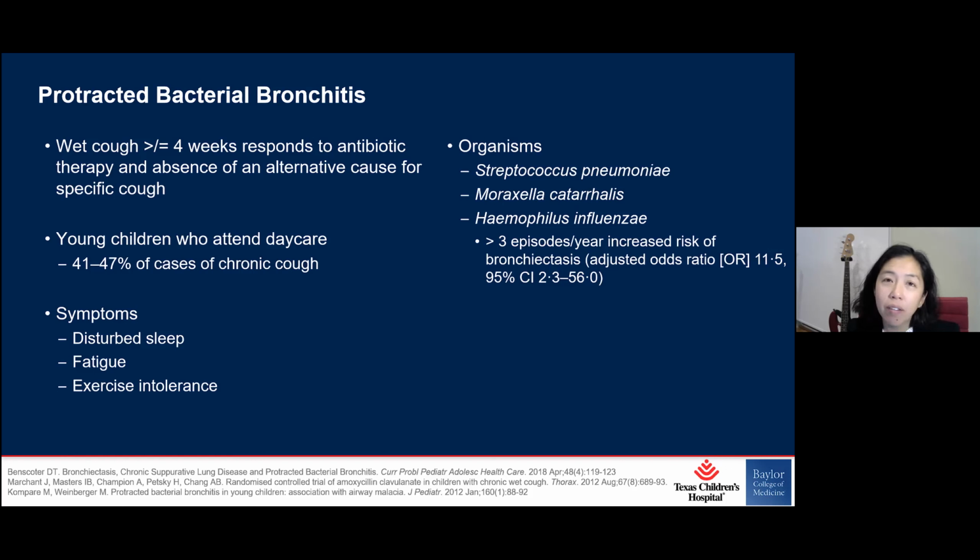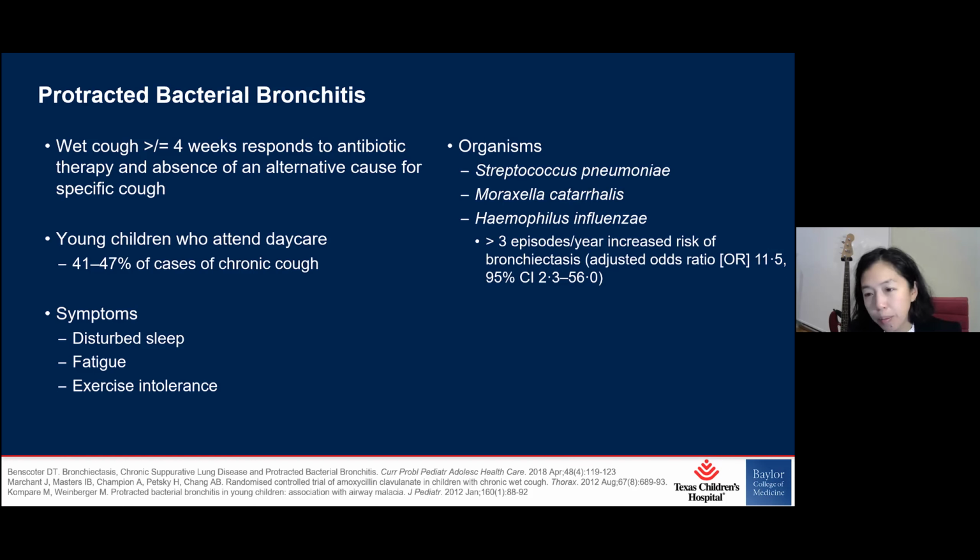The reason folks are really worried about PBB is that there are data that show that if you have greater than 3 episodes a year, the children have an increased risk of the development of bronchiectasis, which can be actual long-term changes in the structural form of your bronchi.